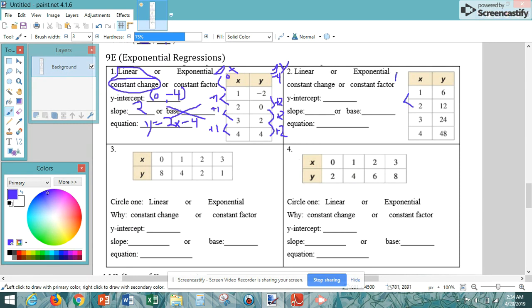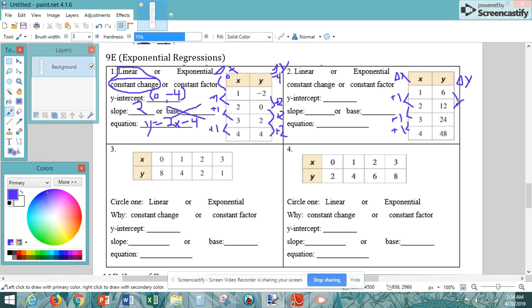Let's find the change in x and the change in y first. So we're going to add 1, and add 1. For y, that's adding 6, that's adding 12. Oh, they're not constant, so that must mean that's a constant factor.